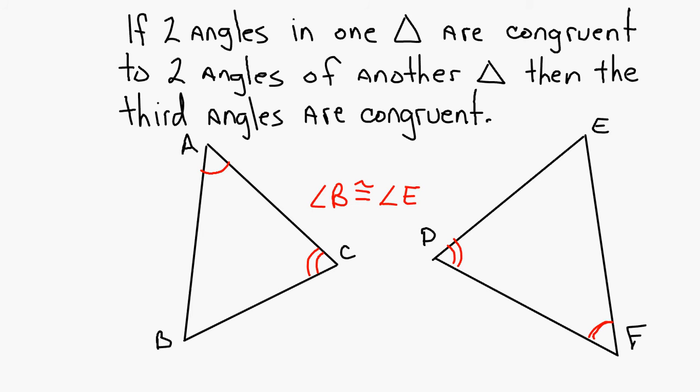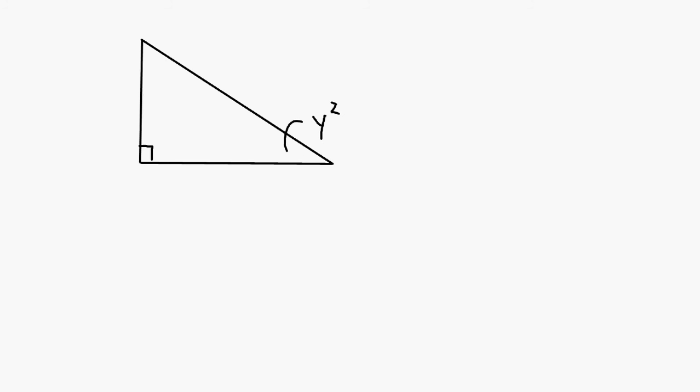So if you look at example 4 in the book on page 234, you've got triangle ABC on the left, and it looks something like this. It's a right triangle. One of its acute angles, this one, is equal to y squared. And this angle A up here has one arc mark.